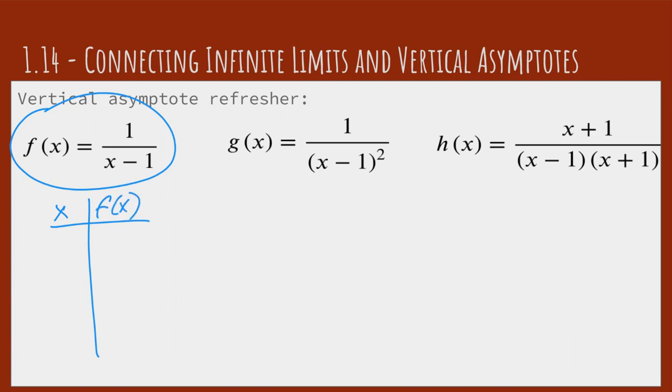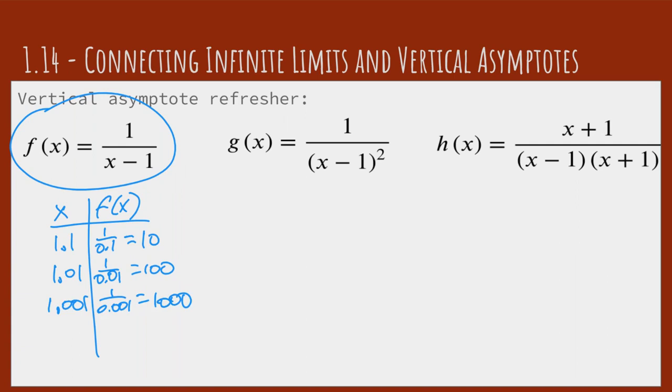So if I pick a point like 1.1, then the value of f of x is going to be 1 over 0.1, which is 1 divided by 1/10, which is 10. If I pick a number like 1.01, then we're going to have 1 over 1/100th, so we get 100. 1.001 is going to be 1 over 1,000th when we subtract the 1, and that gives us 1,000.